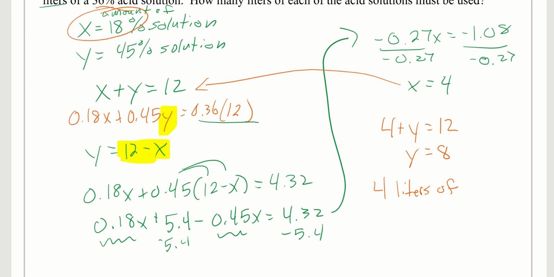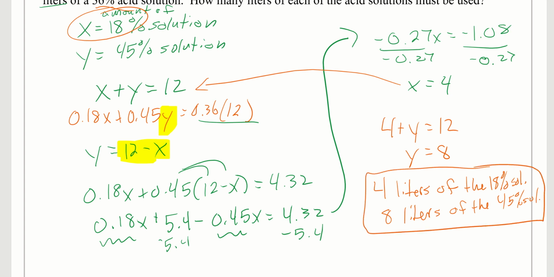Well, x is 18. So 4 liters of the 18% solution, and 8 liters of the 45% solution. Okay, so make sure that you are specific and you actually tell us how much of each. Cool.